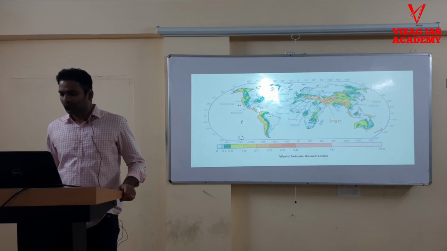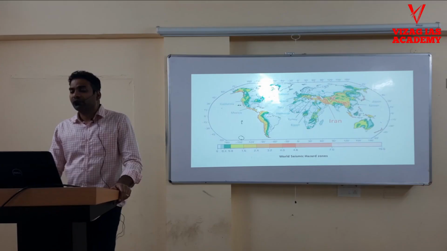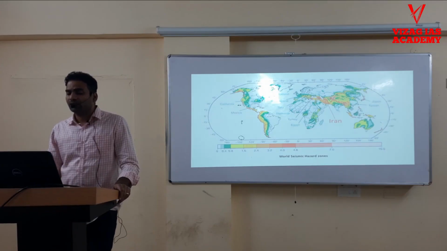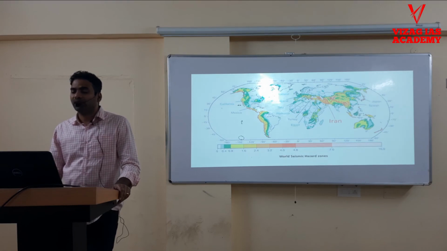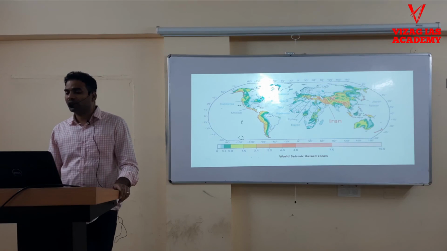Look at this. Japan. Why is Japan seismically so active? Because it comes under almost three plates, and if you consider the Pacific plate also, it will be four plates. In the previous diagram you have seen West Asia, Iran, and to the west of West Asia you have Turkey. These are also active seismic zones.